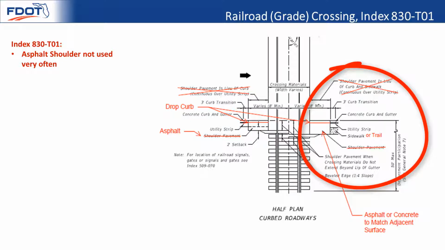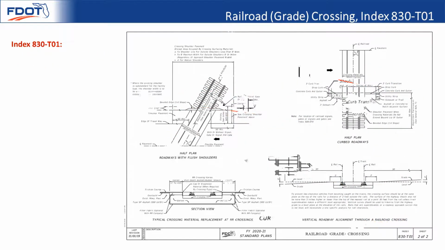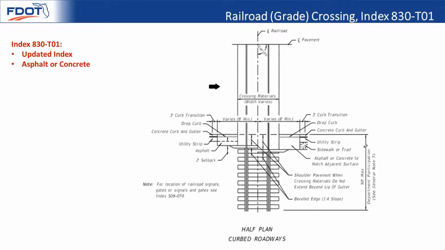D2 actually had pictures of 19 locations that were recently rebuilt, and concrete was used on each location. So we went through with the new index, added the option as asphalt or concrete instead of just having asphalt, so we could be more consistent with what's going in the field.